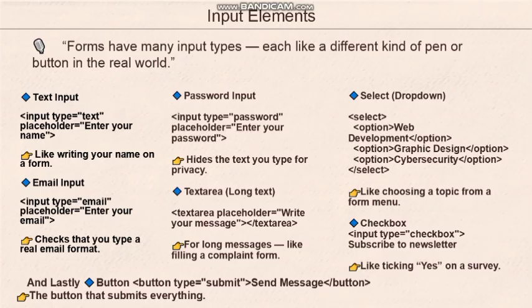Another input element we have is called select drop down. Select drop down is meant for choosing topics or options in a menu. Say for instance, we have states in Nigeria.